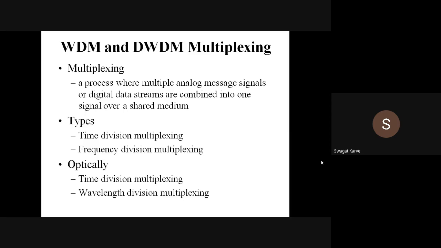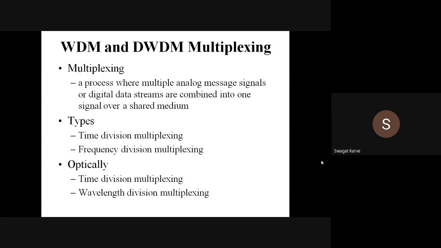You have many signals at the input, and you can transmit those many signals onto a single channel. That is the role of the multiplexer, and exactly opposite is the role of the demultiplexer, right? Multiplexing is a process where multiple analog message signals or digital data streams are combined into one signal over a shared medium.